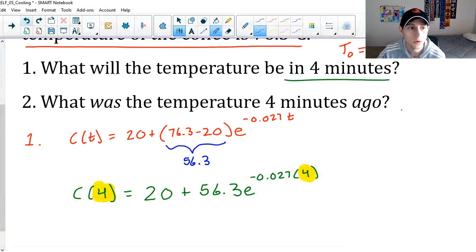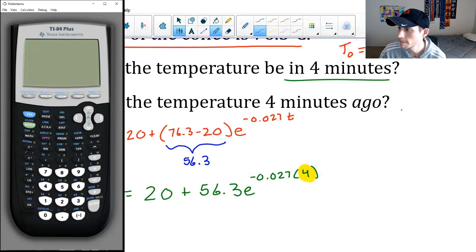But like before, we'll do this all in one swoop. Aiden says 70.5. I don't know, maybe. Let's calculate. 20 plus 56.3 e to the negative 0.027 times 4.